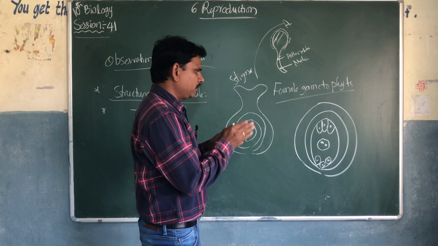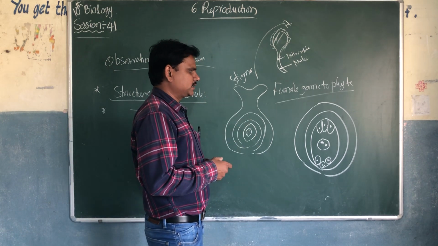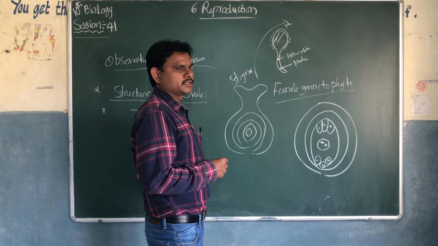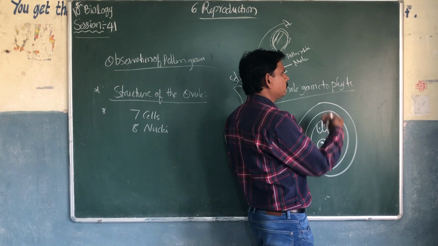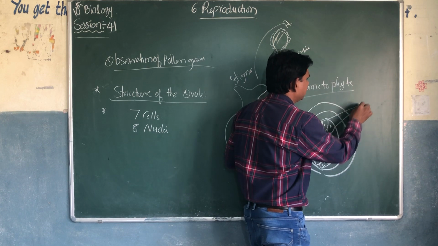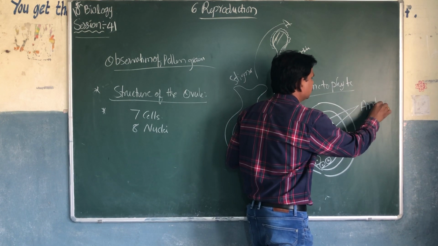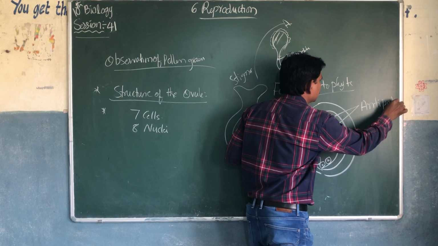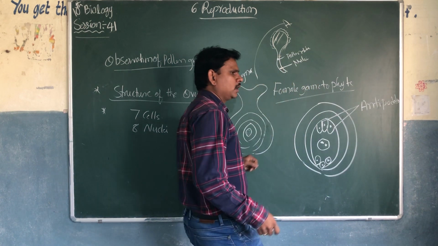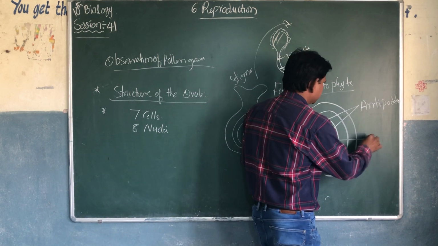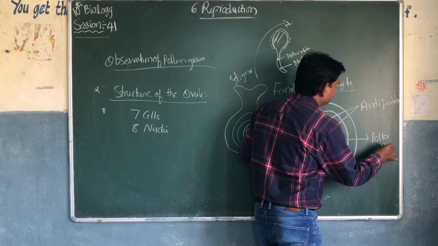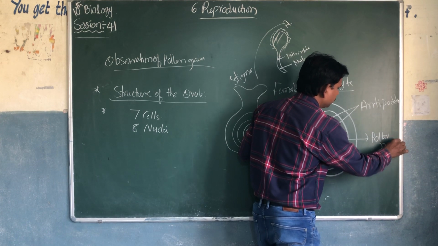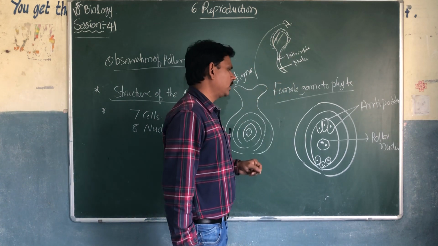Once the division takes place in the embryo sac, these antipodals move upwards. These are called antipodals. In the middle of the embryo sac we can see the polar nuclei.